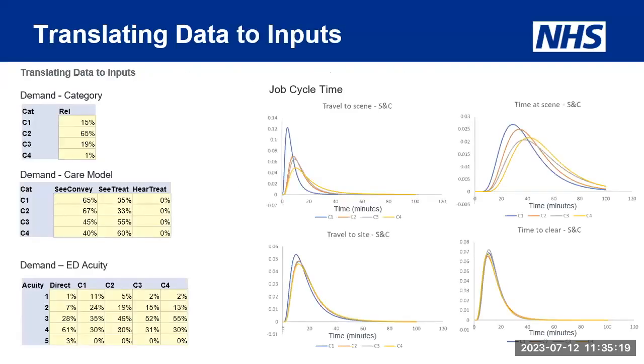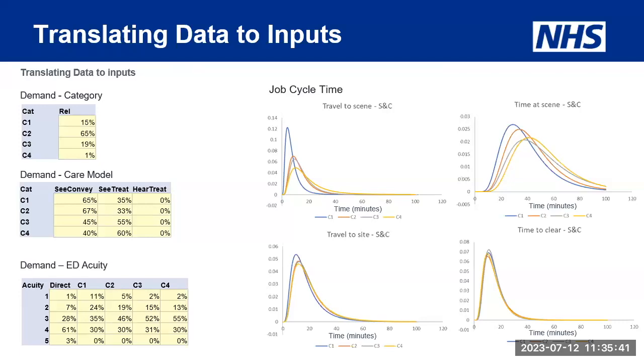So this is just some examples of inputs. You have, say, the demand by category 1, 2, 3, and 4. That can vary by time, but here it's fixed. Then we have the demand by care model. Here "treat" is 0 because we have set the focus to be face-to-face, although in theory you could change that in the model.